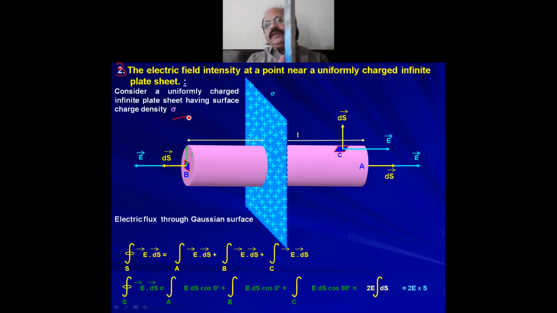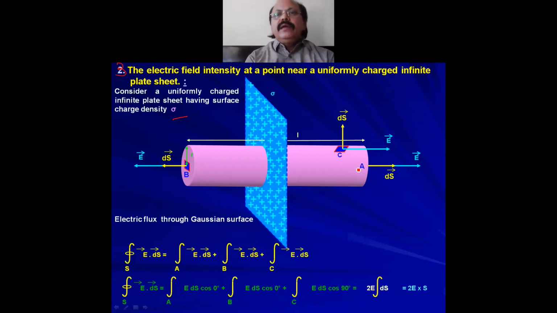Since it is charged positively on both sides, the direction of the electric field intensity is radially away. Same way on the other side. So we have to choose a Gaussian surface in the form of a cylinder that passes through this uniformly charged infinite plane sheet, as you can see in the diagram.